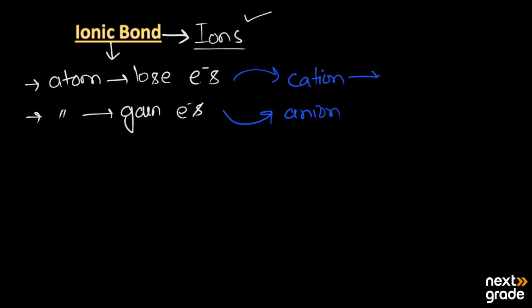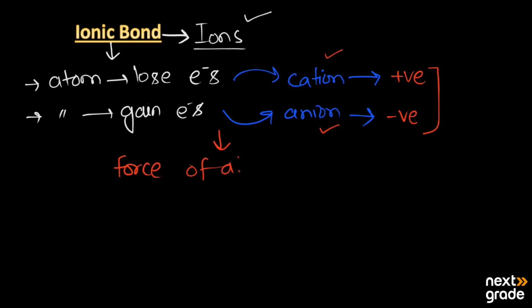The ions that have a positive charge are known as cations, and the ions that have a negative charge are known as anions. When cations and anions are formed, these are two oppositely charged ions, so a force of attraction will be created between them.